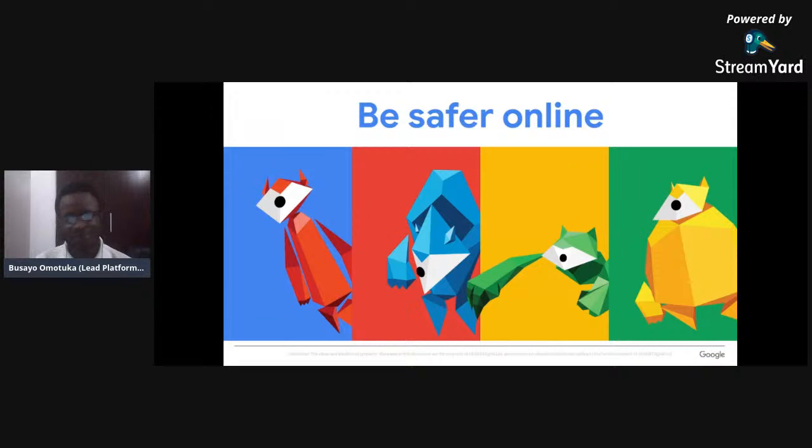Once again, the topic for the workshop is "Be Safer Online", and the workshop is targeted at pupils from the age of 7 to 14. It's very important to let us know that the purpose of this training is to train teachers, so that teachers can go back to their various schools to replicate the same, that is, to pass on the knowledge to their students.